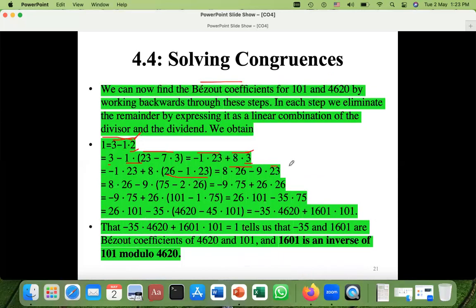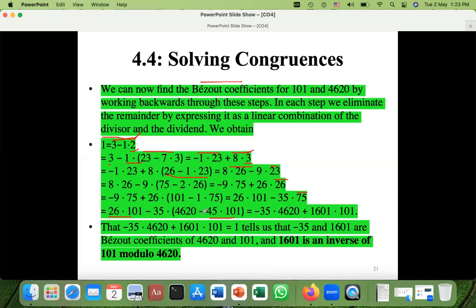Here we are putting the value for 23 and simplifying, then we are putting the value for 26 and simplifying, and then the value for 75. And finally, we are simplifying it. We have 101 45 times, and we have 101 26 times.